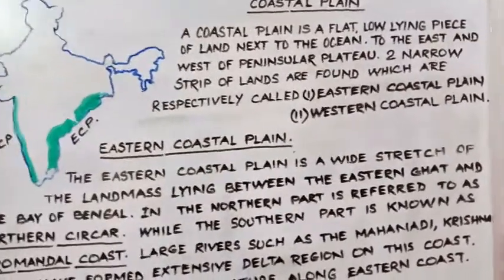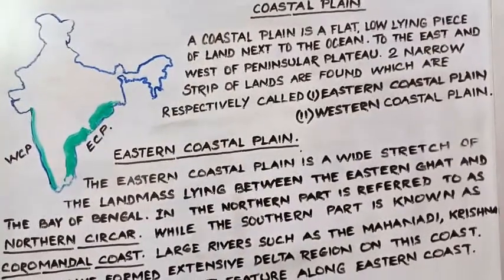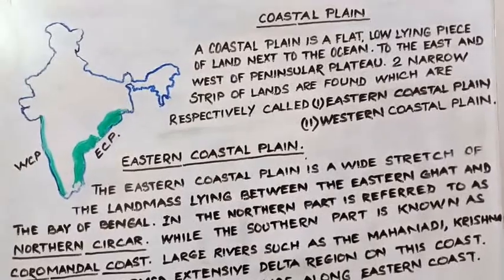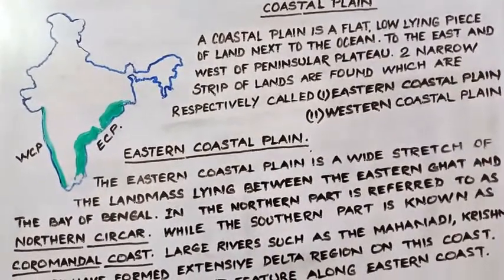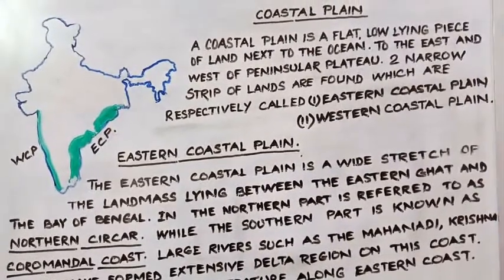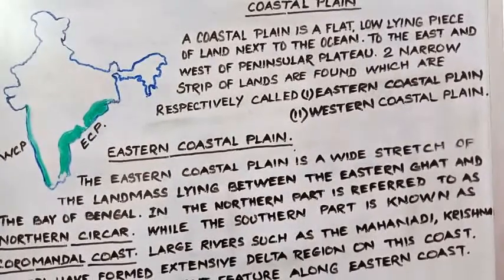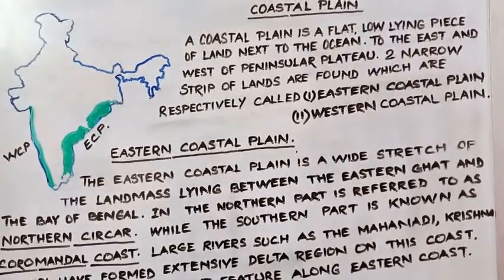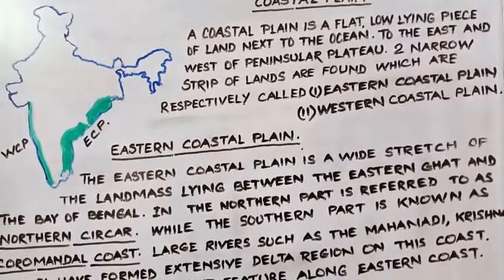Now let's understand what is coastal plain. A coastal plain is a flat, low-lying piece of land next to the ocean, that means on the coastal area. Two narrow strips to the east and west of Peninsular Plateau. So, it is on the east and the west side of the Peninsular Plateau.